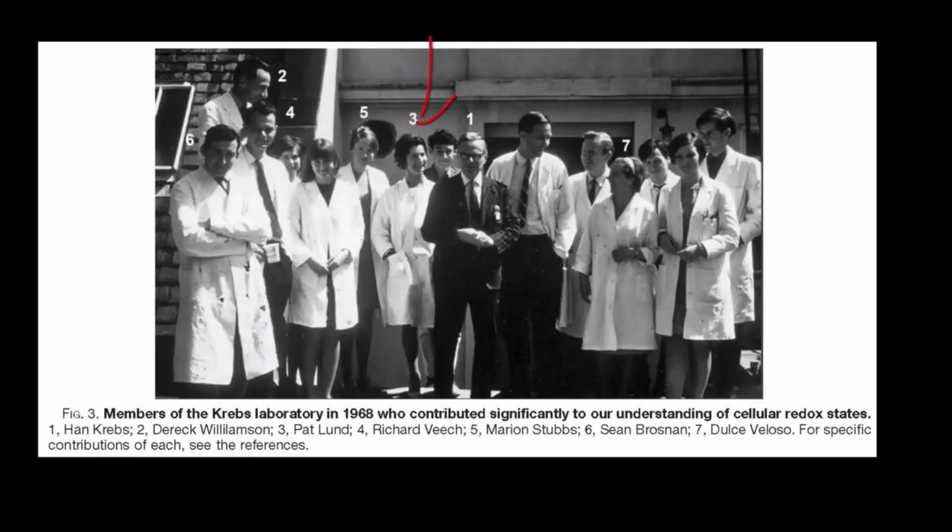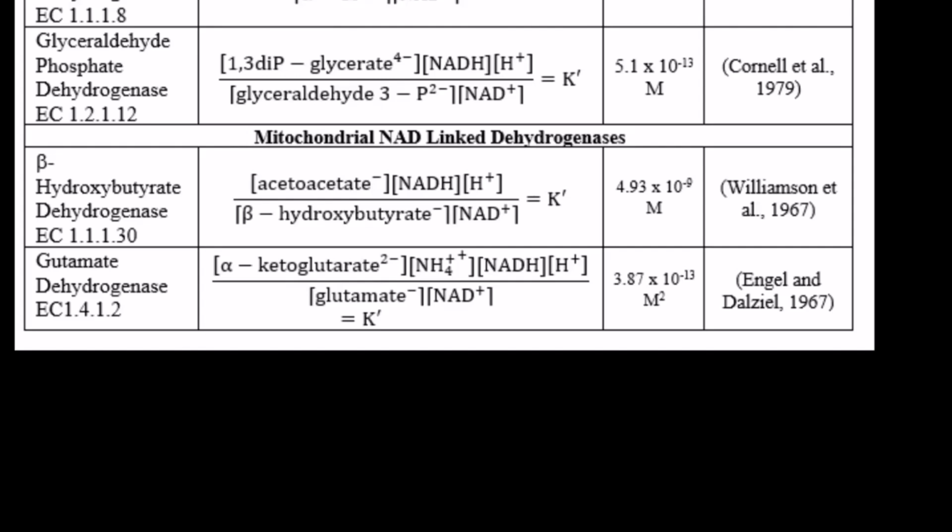Well, Pat Lund was the one that trained me and taught me how to do enzymatic analysis and whatnot. When I finally got the answer of what the NADP-NADPH ratio was, I couldn't get it right. The glutamate dehydrogenase reaction has unequal terms, and it has alpha ketoglutarate times ammonia divided by glutamate.